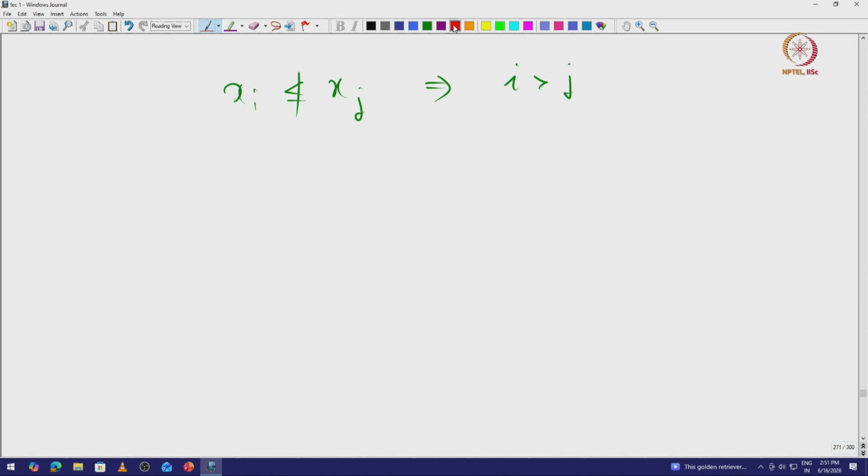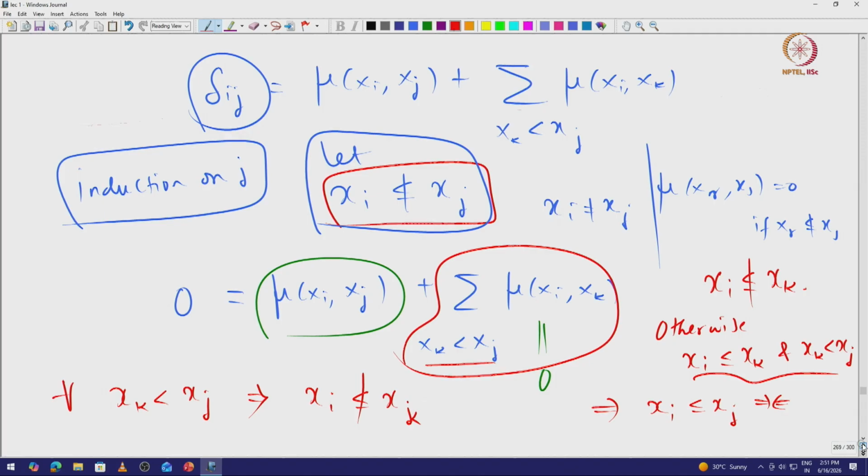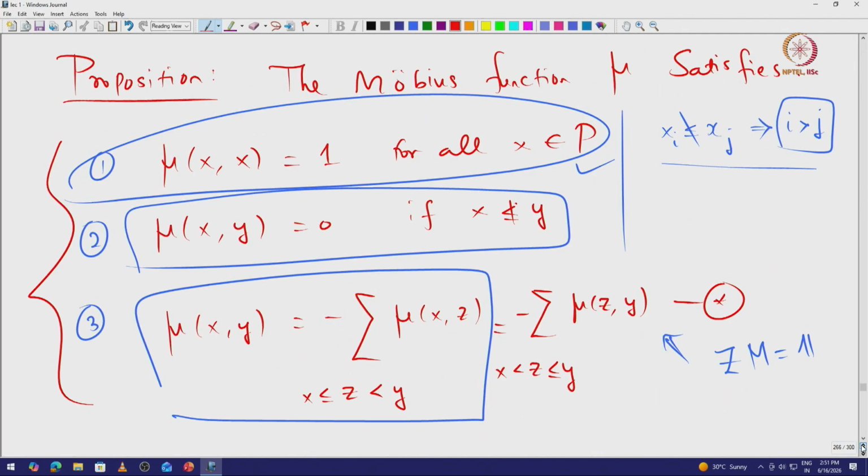Since i is greater than j, mu of x i x j must be 0, because it appears in the lower part of the Möbius function matrix, which is supposed to be upper triangular. So, that proves that the defining relations of Möbius functions are satisfied.